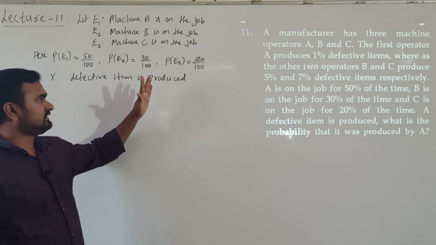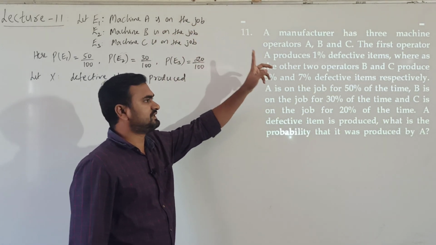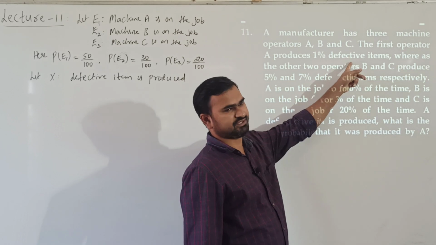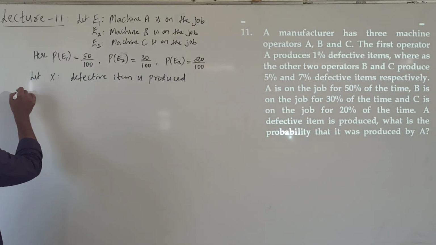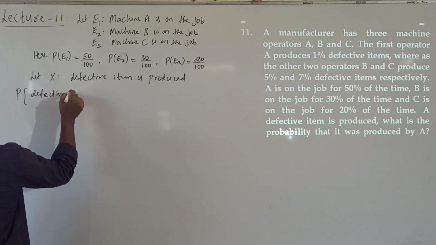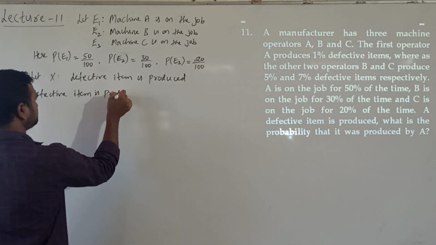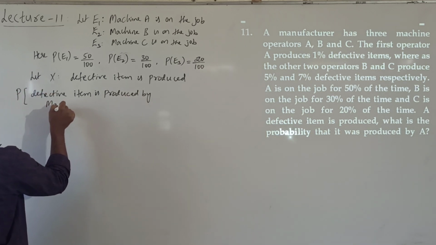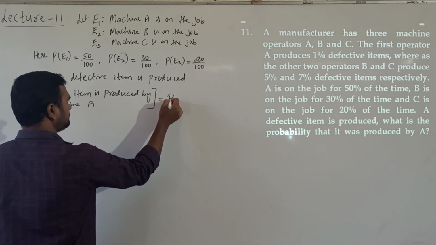Now what is the probability that a defective item is produced by machine A? It is given machine A produces 1% of defective items. So how can I write the notation?